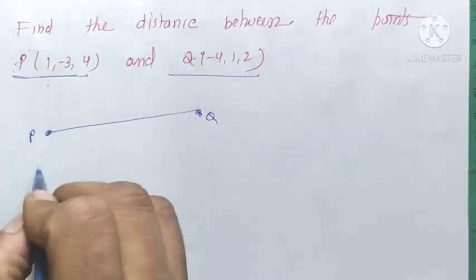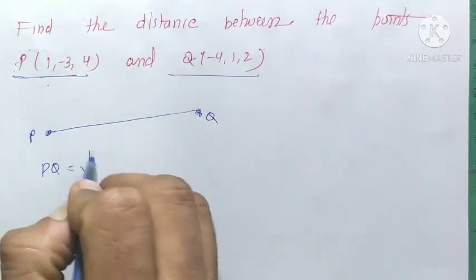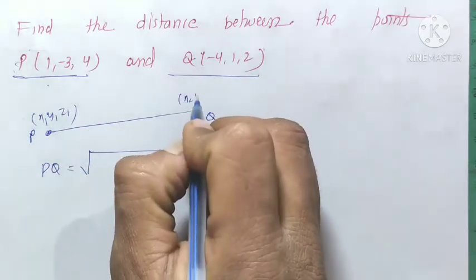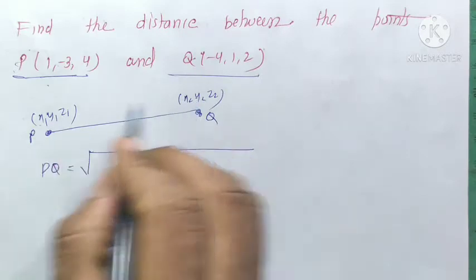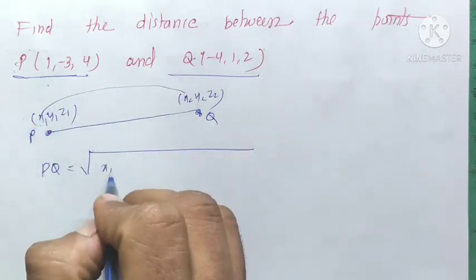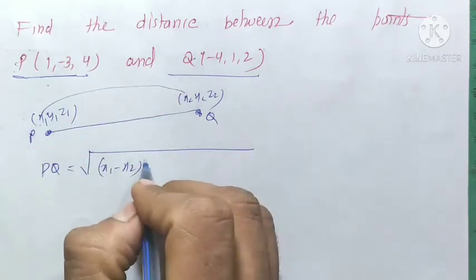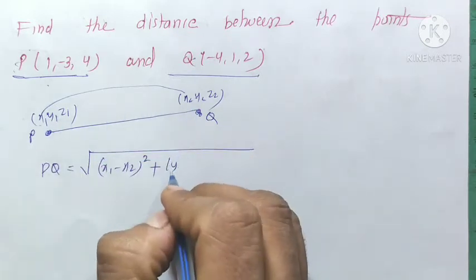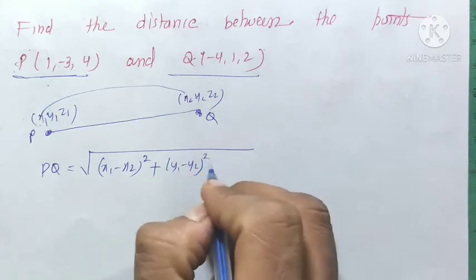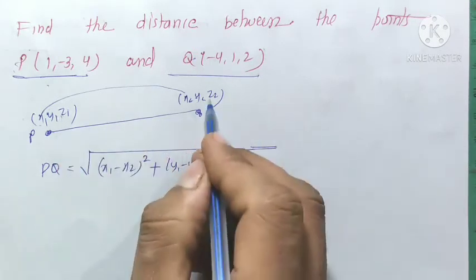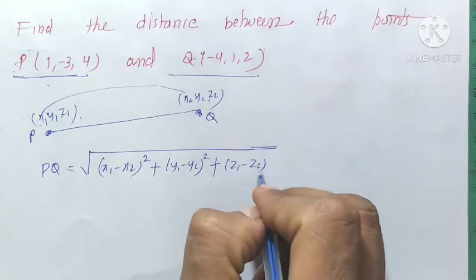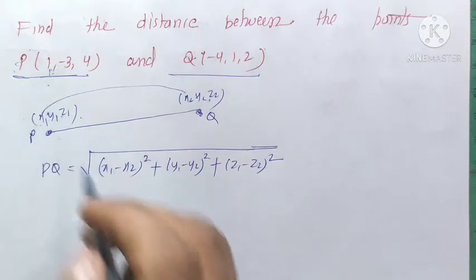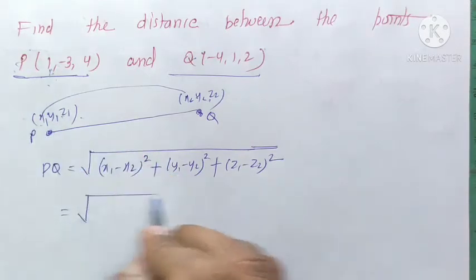Its formula is the square root of the difference of x coordinates x1 minus x2, squared, plus the difference between y coordinates y1 minus y2, squared, plus the difference between z coordinates z1 minus z2, squared, where the points are (x1, y1, z1) and (x2, y2, z2). So this is the formula, and here we put in all the respective values.